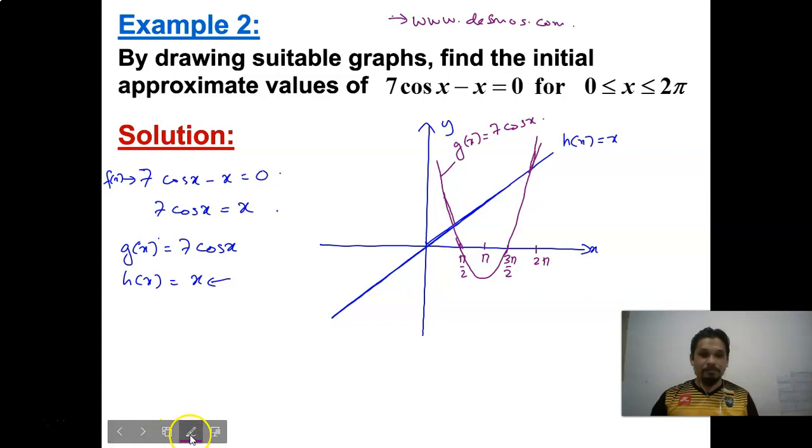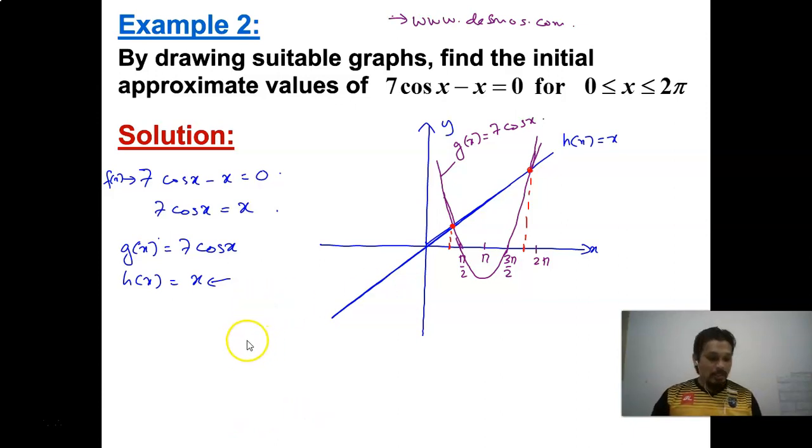Now the intersection points between these two, and also here. You may come up with your own conclusion.